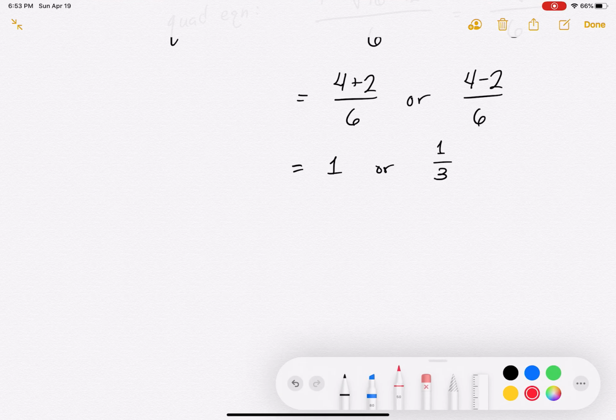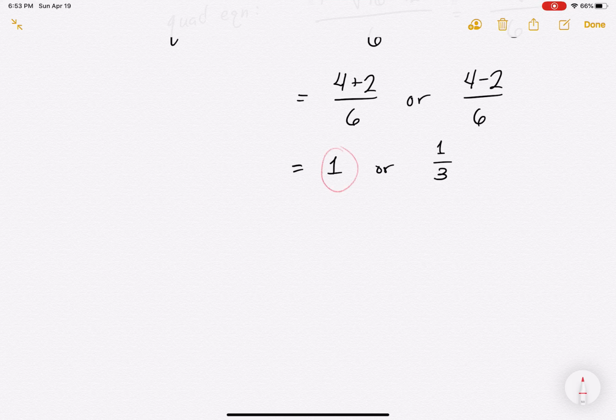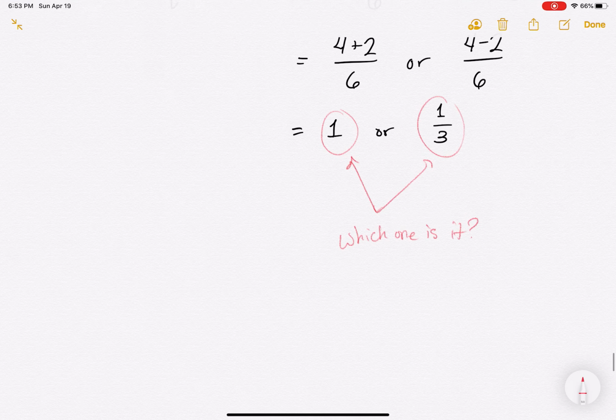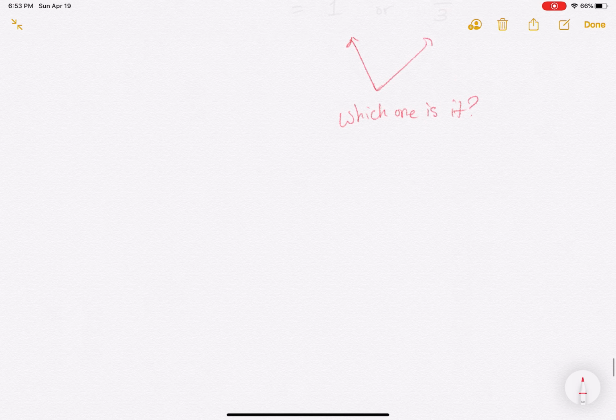Now this is where you have to have some critical thinking. Which is it? Every time you do this quadratic equation, you're going to be asking yourself which one of these is actually the true answer. So which one is it, 1 or 1/3? Well, let's approach the problem again. Let's look at our box here.